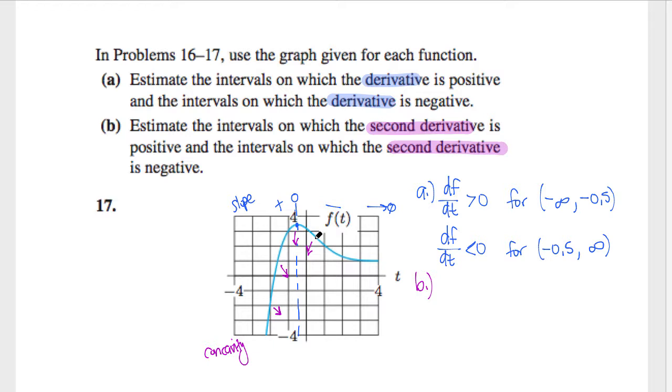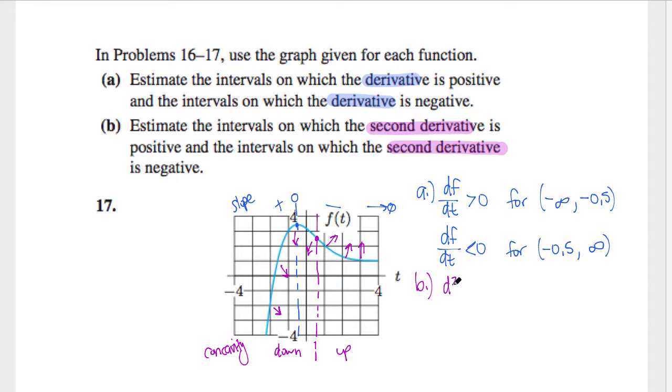So you can just use your best guess. I'll say that it's about right here when it starts to switch to being concave up. So it's concave down up until here, and then concave up for the remainder.